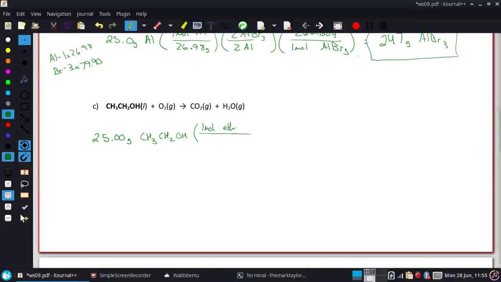So ethanol. And that is 2 carbons, 1, 2, 3, 4, 5, 6 hydrogens, and 1 oxygen.